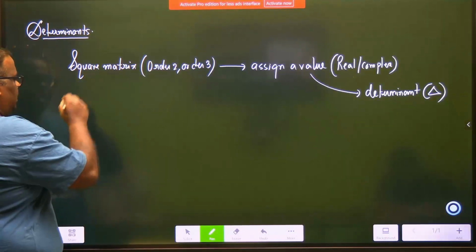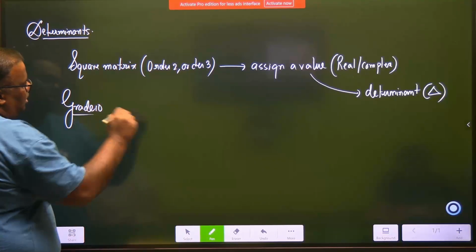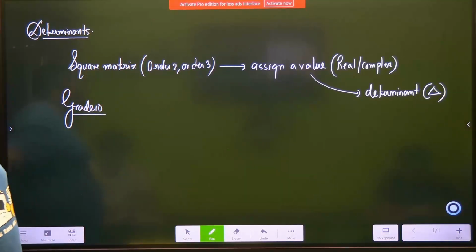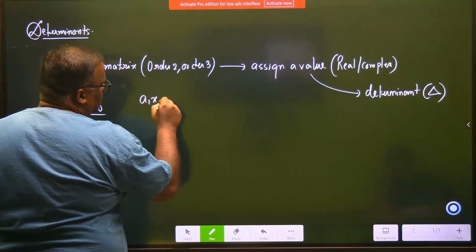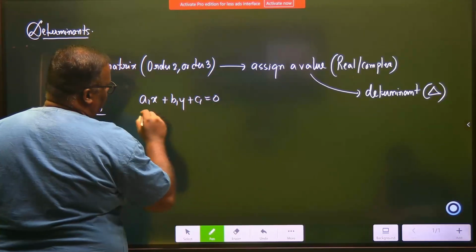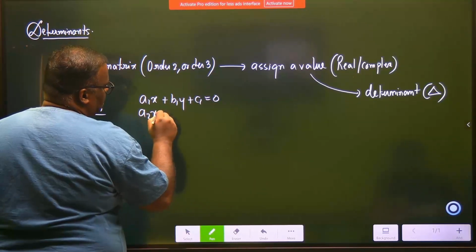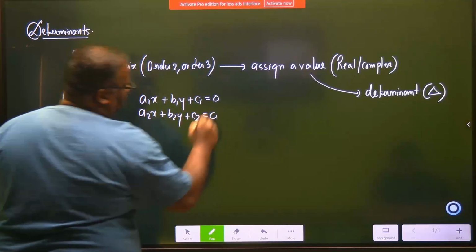Okay, let's go to grade 10. In grade 10, you had a chapter called linear equations in two variables, and you had equations. Let's say I have the equation a1x plus b1y plus c1 equals 0, then a2x plus b2y plus c2 equals 0, right?